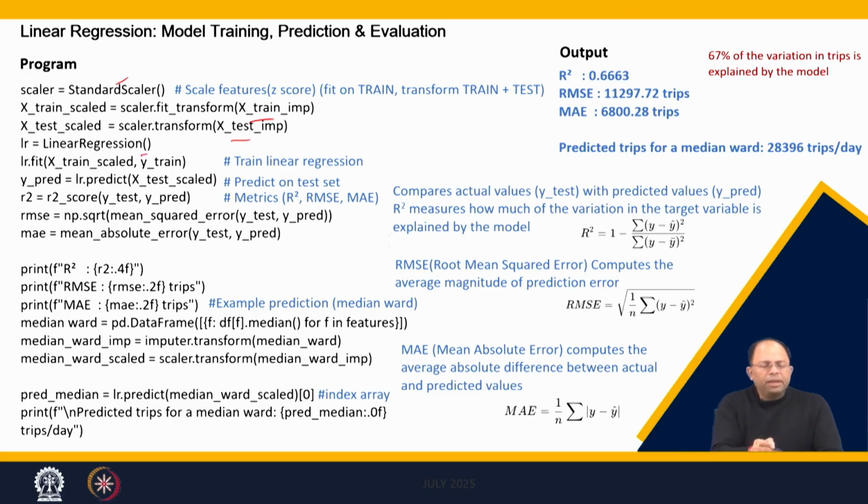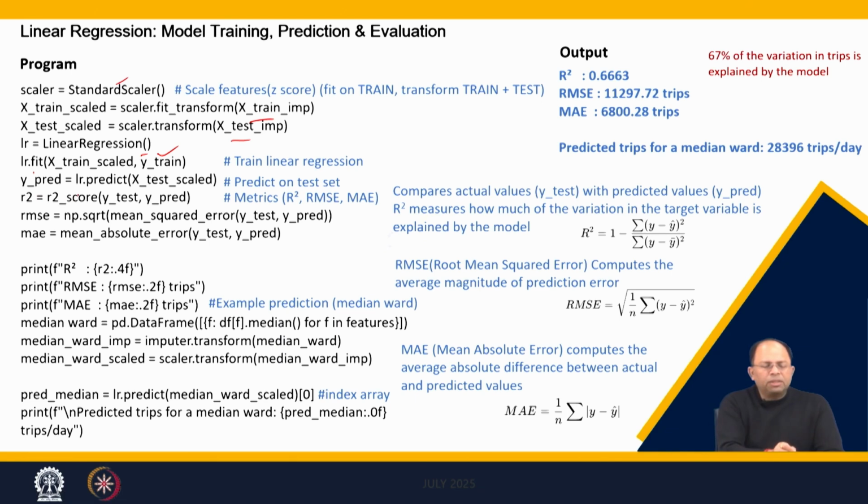Then we are calling the linear regression, and with lr.fit we are passing X train scaled and y train, so this is the y value and this is the scaled X values, the feature values.